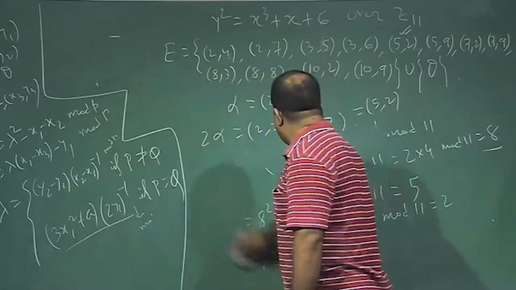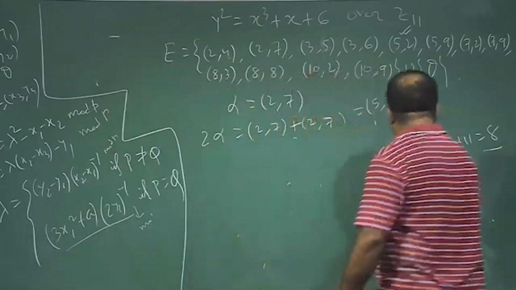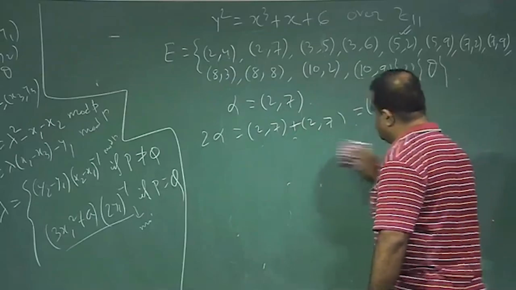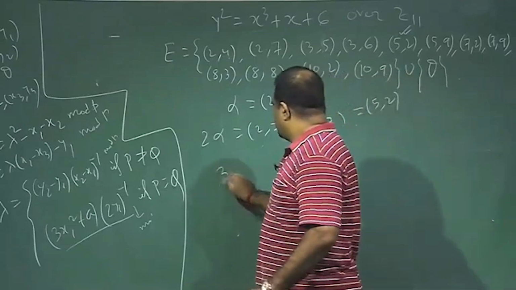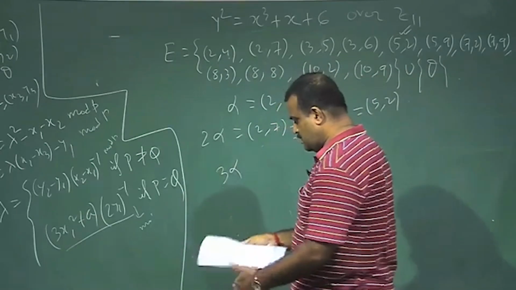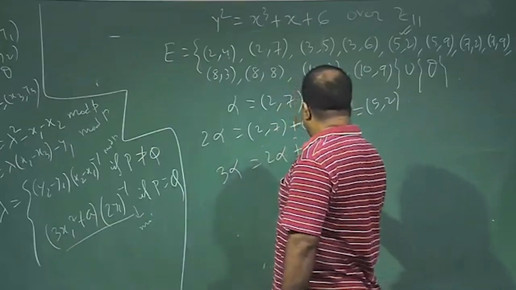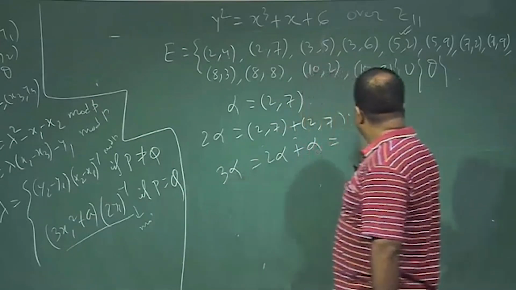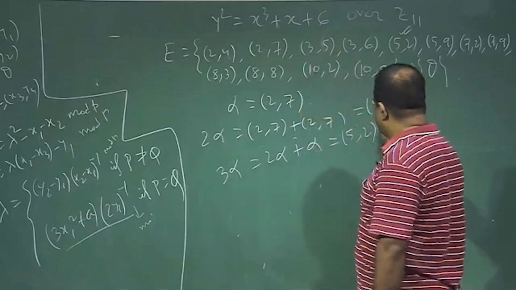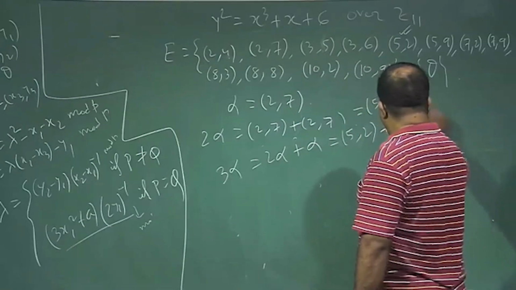We got 2 alpha, then to calculate 3 alpha, 3 alpha is basically 2 alpha plus alpha. Now 2 alpha we know, we have just calculated, and alpha is this.